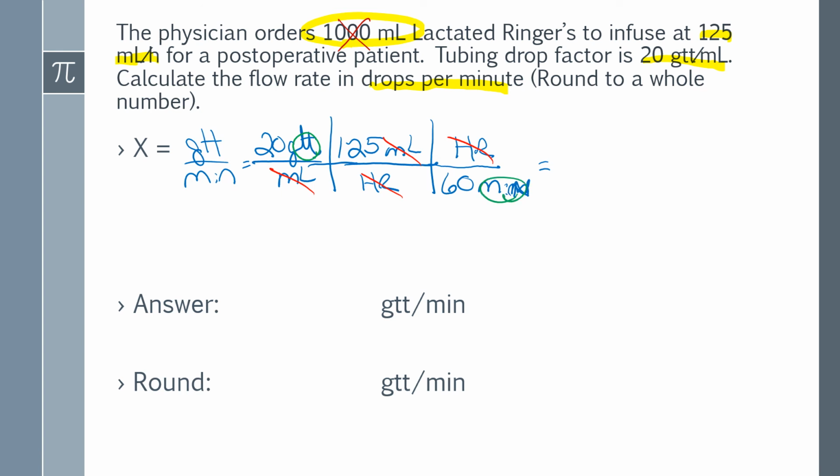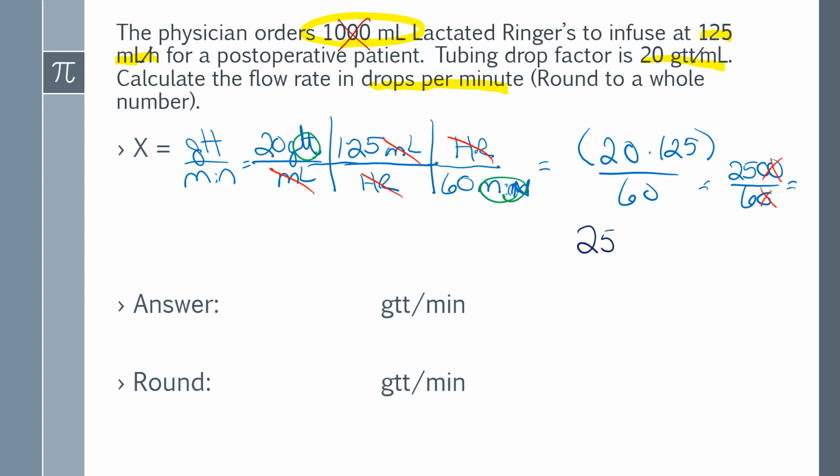Now you can go ahead and set your problem up. 20 times 125 divided by 60. And that is going to give us 2,500 divided by 60. And if I get rid of those few zeros, now I can go ahead and just divide a smaller number, 250 divided by 6.